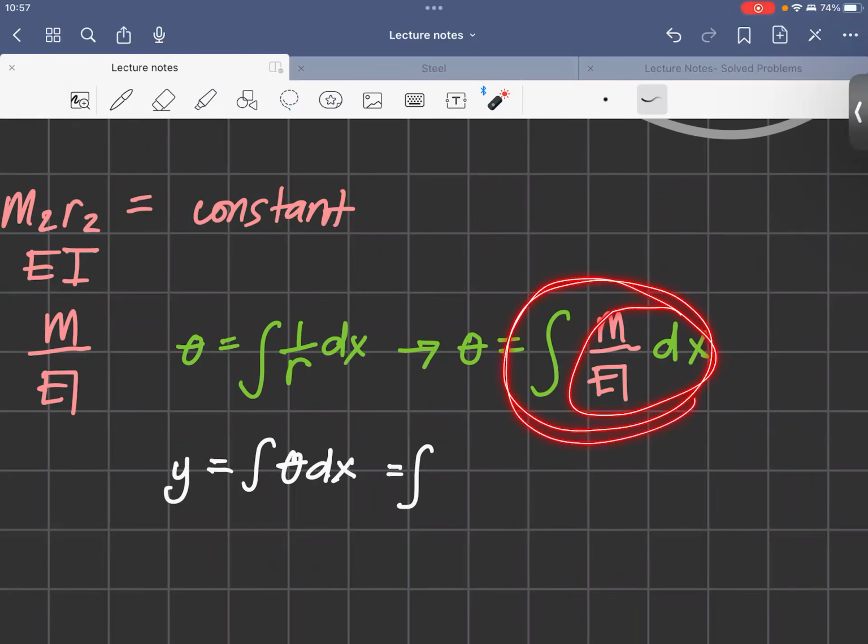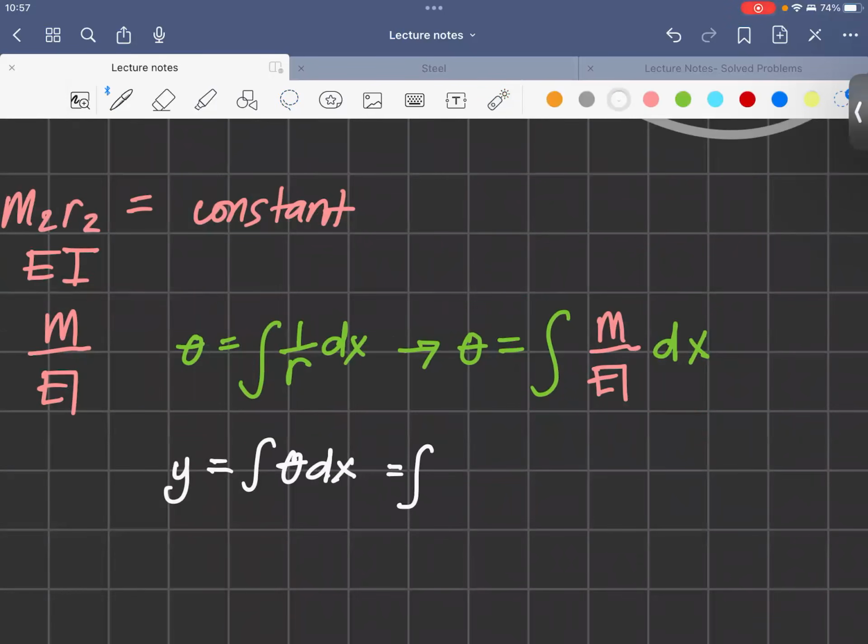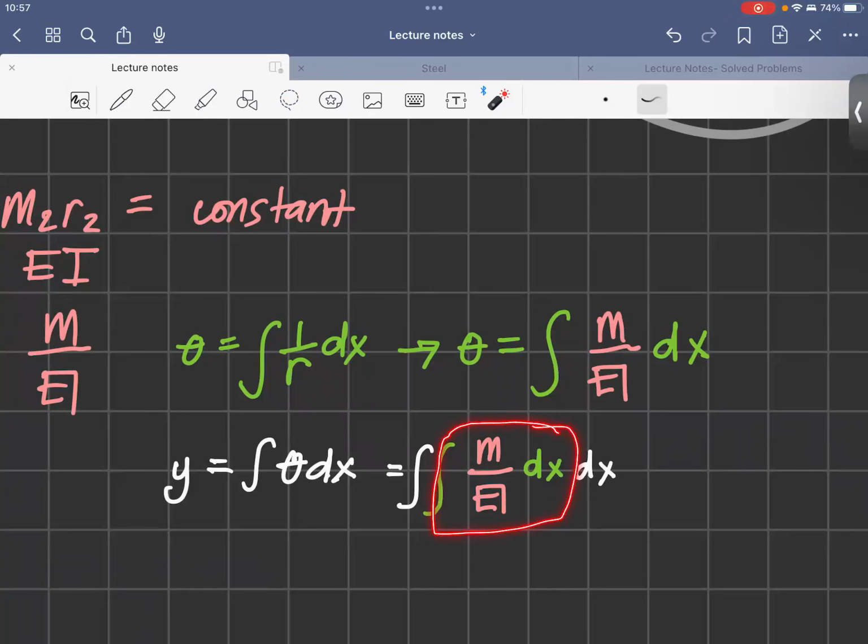Ito yung value ng theta, itong entire equation na to. So, I'm going to copy just that. So, mayroon tayong integral of M over EI dx and then the dx of the equation. Ito po yung ating theta. Kinopya lang natin, so ni-replace natin yung theta. So, there you have it. This is now your equation for your y.